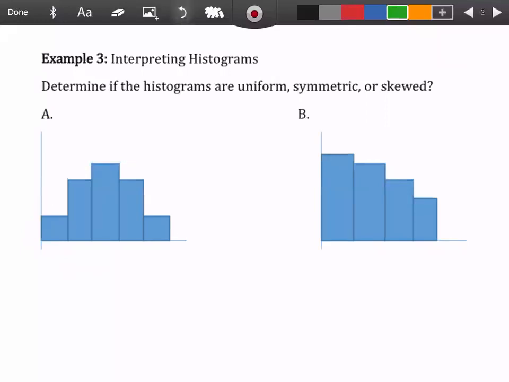We also notice that if we were to draw a line in the middle of this graph, those 2 halves would be close to overlapping. We have the same image on the left side of that green line and the right side of the green line. So we call that graph symmetric.